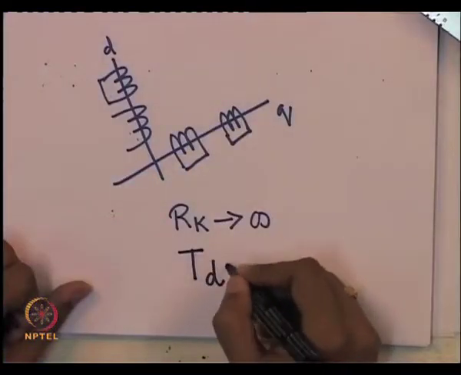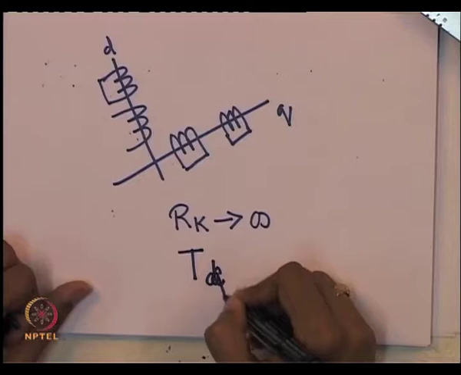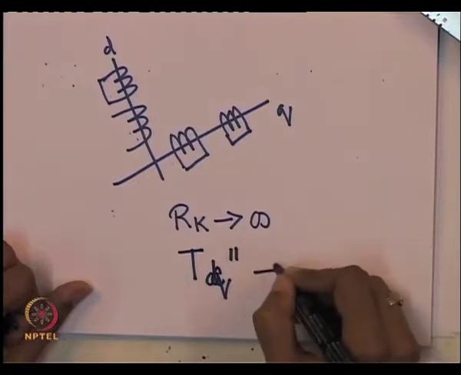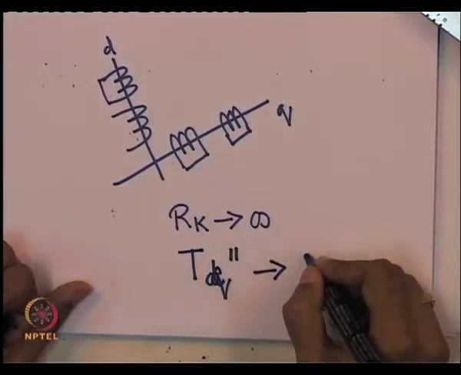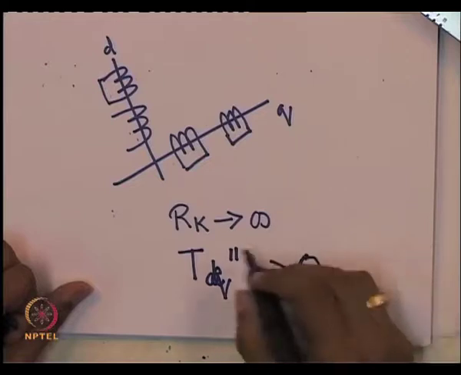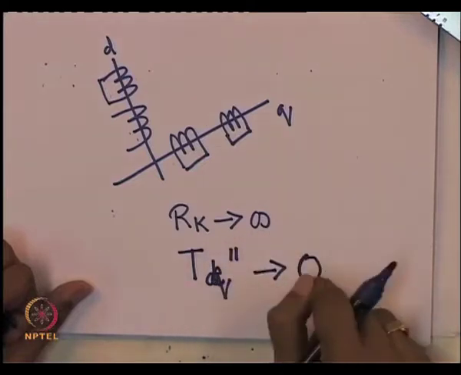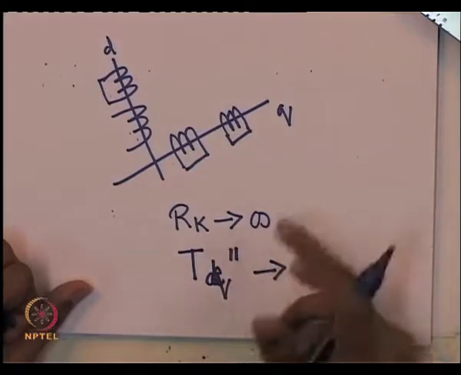Okay. Now, an important point which you should note is that when I set R k tending to infinity, what effectively happens to the time constants is something I leave as an exercise to you, but you can show that in such a case T q double dash tends to 0. So, if R k tends to infinity, T q double dash tends to 0. How do I know that?